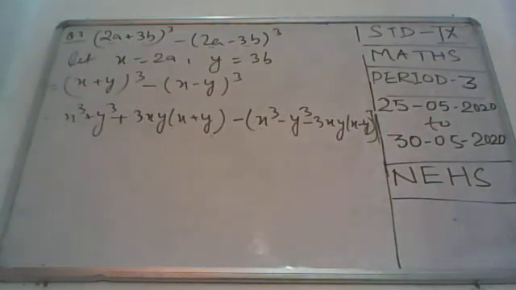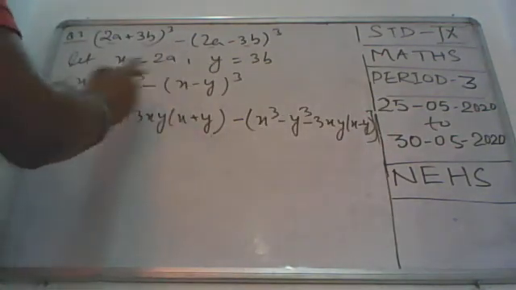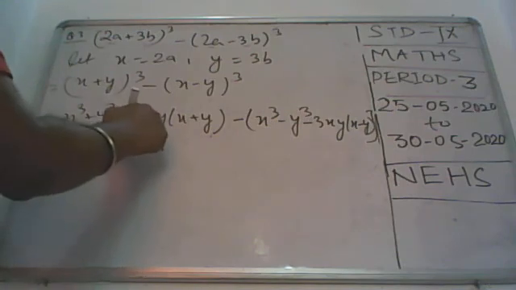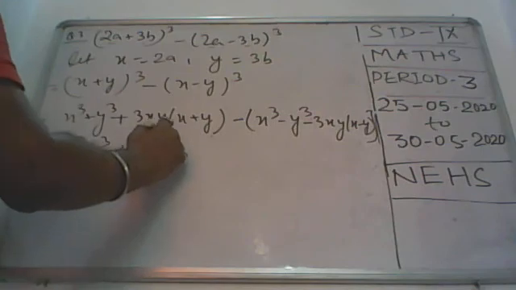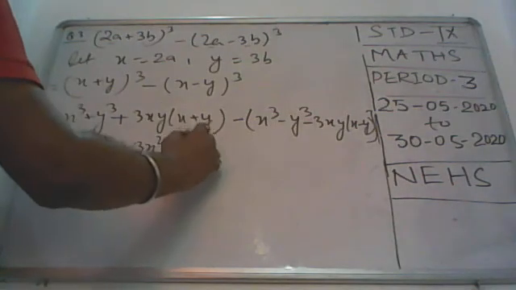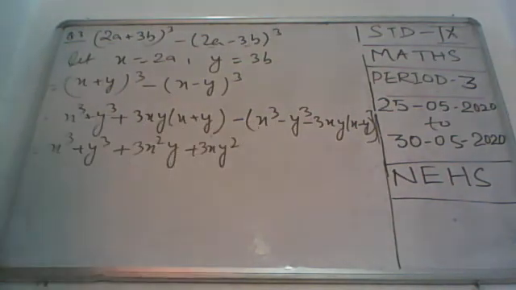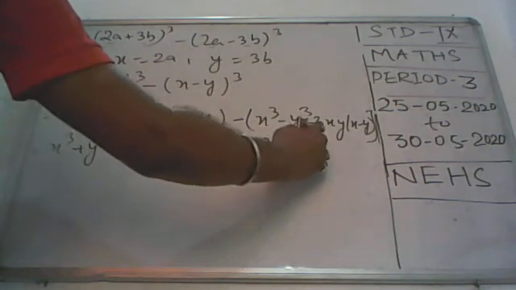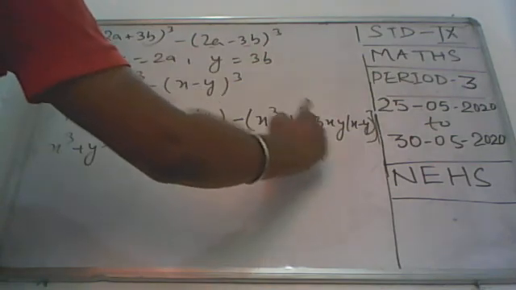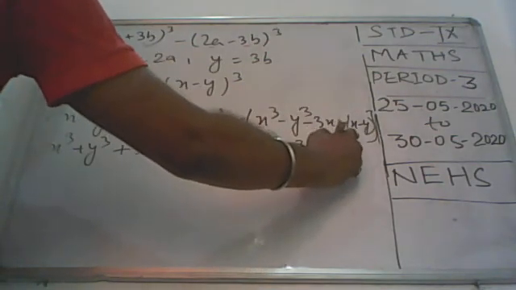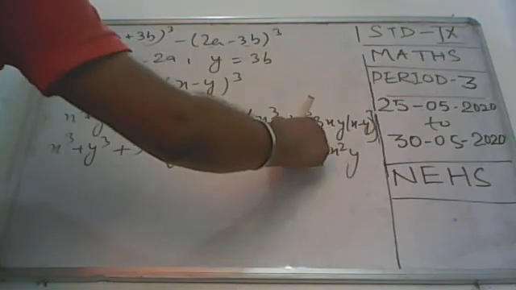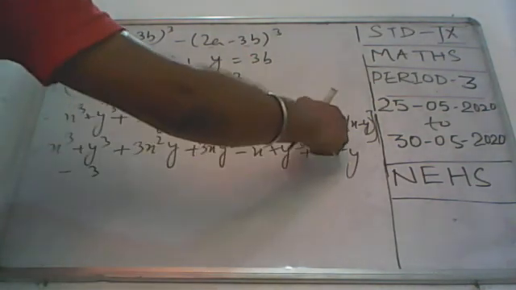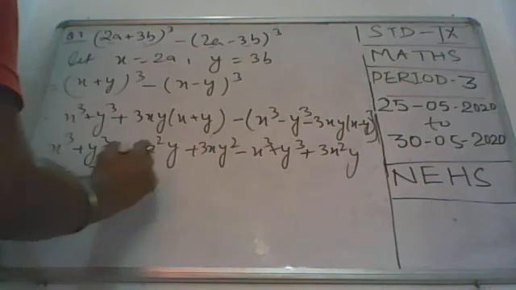We'll progress like this. So this becomes x cube plus y cube plus 3x square y plus 3xy square, minus x cube plus y cube, with the signs changing, plus 3x square y and plus 3xy square.